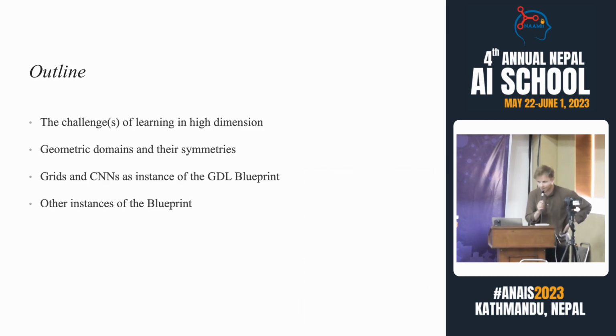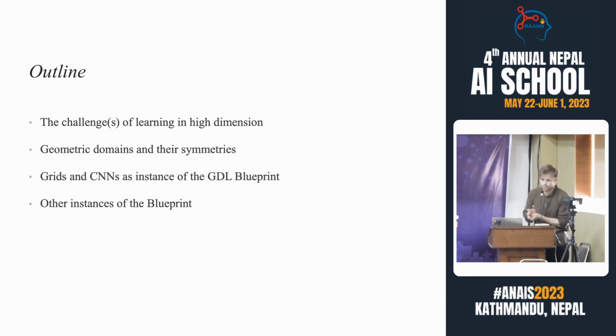So the outline of the talk is the following. I think it's important to understand why we want to apply these fancy geometric and mathematical tools to deep learning. So I'll start with the challenges of learning in high dimension as a motivation for geometric deep learning. Then I will introduce a bit of the mathematical formalism that is needed to understand the global picture of geometric deep learning.